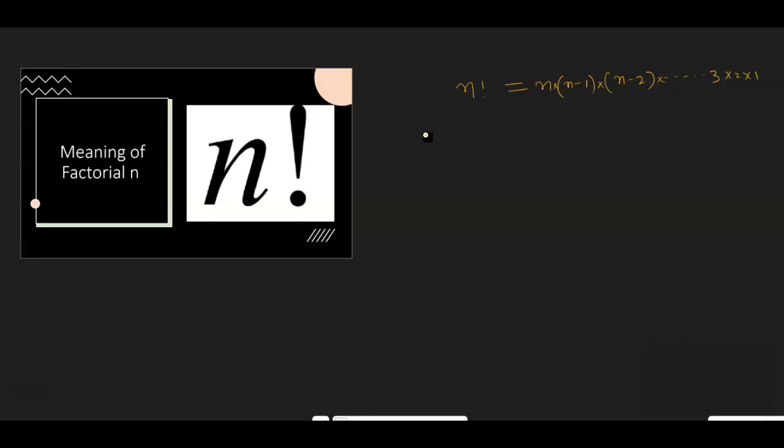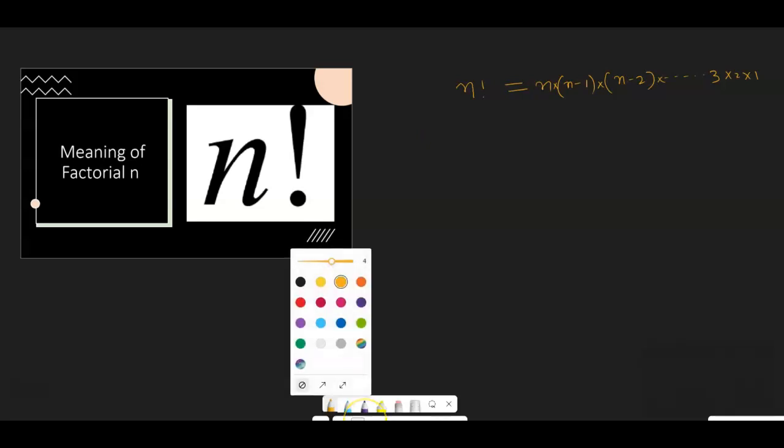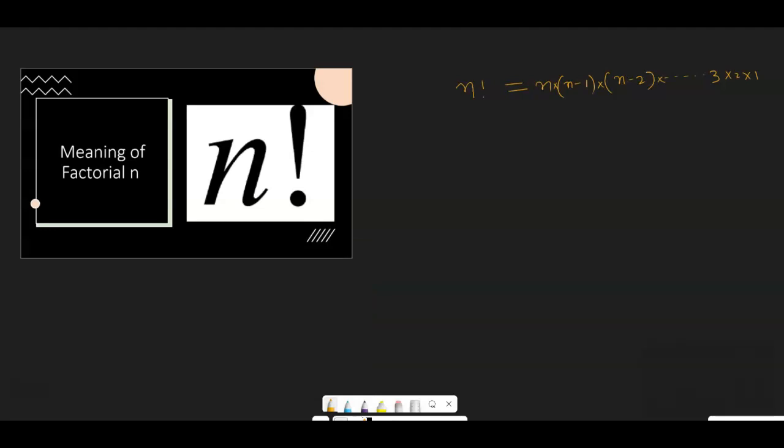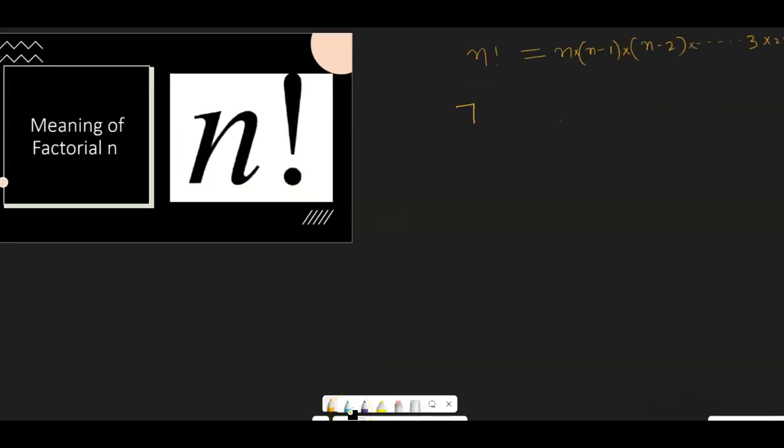So if it is the product of the first 7 natural numbers, that is factorial 7, we write it as: factorial 7 will be 7 into 6 into 5 into 4 into 3 into 2 into 1. This if you multiply will be 5040.